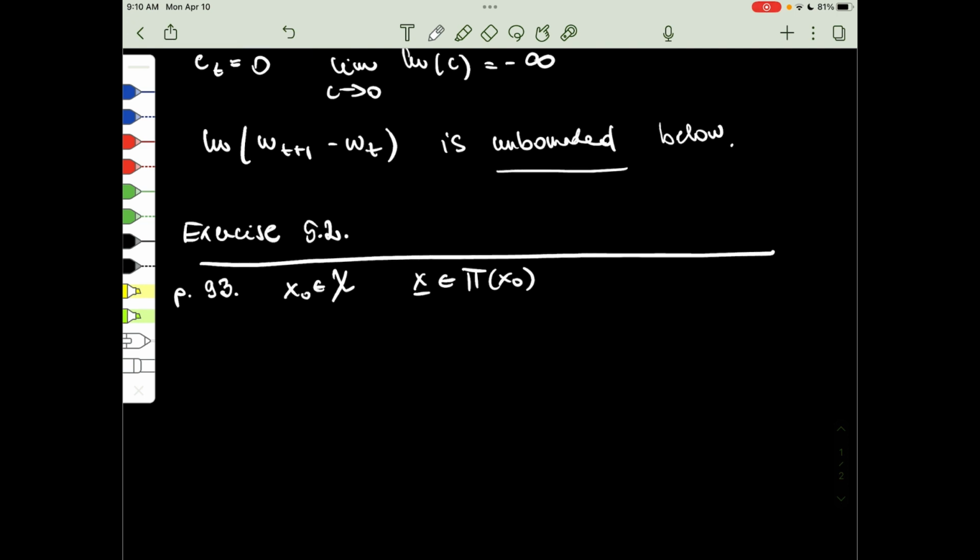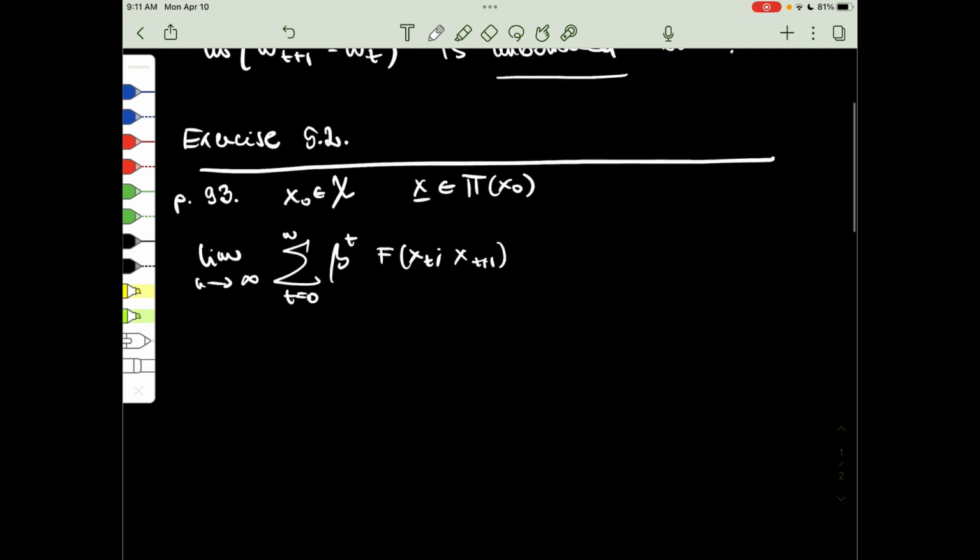And first we need to check if the limit of assumption 4.2 exists. So we need to check if assumption 4.2 holds.